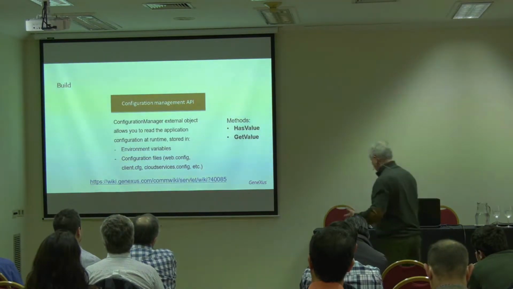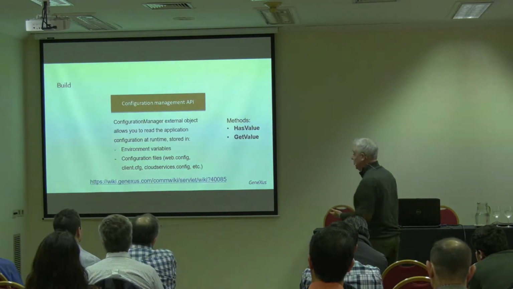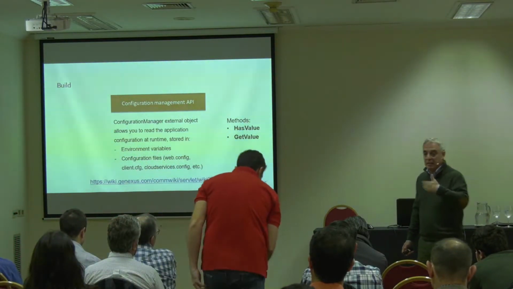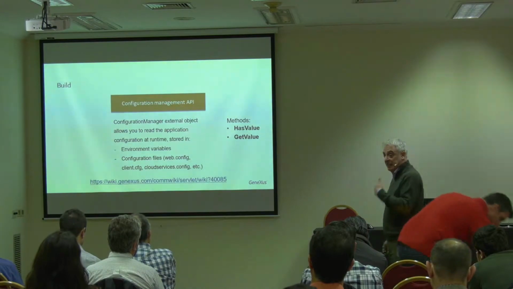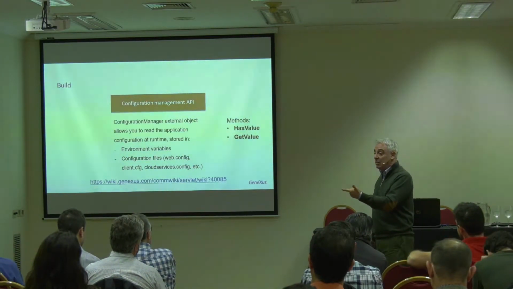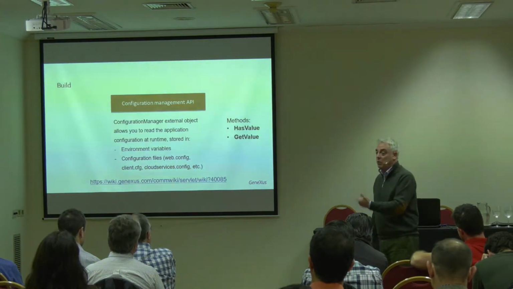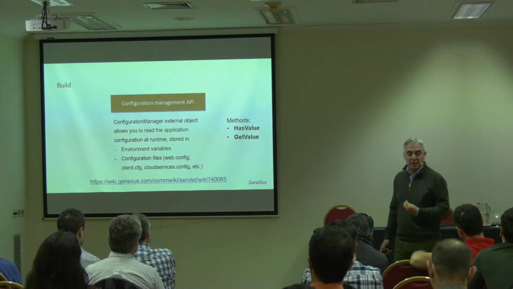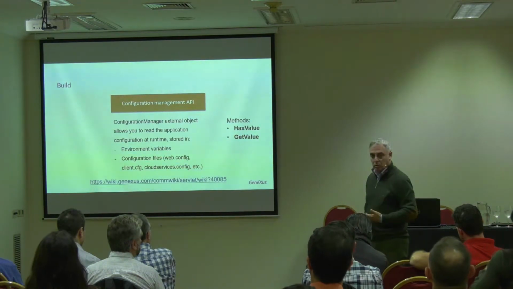It has two methods, the has value and the get value, that allow us to see whether a certain parameter in the configuration has been set with the has value, and with the get value to obtain the value that that parameter has within the files or the environment variables.